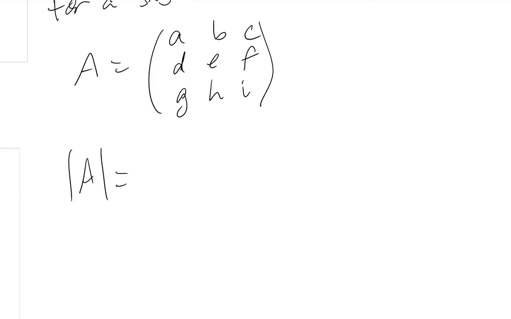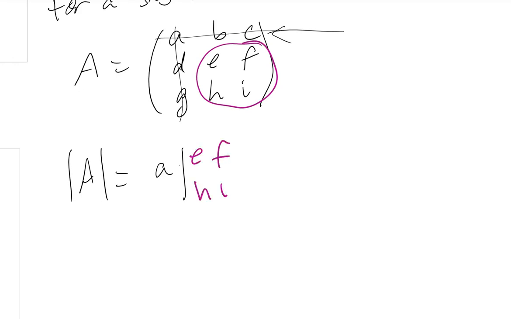So the determinant of A is, I'm going to run along the first row: take a, and multiply it times, I cross out the first row and the first column, and what's left is this e, f, h, i. And I'm going to take the determinant of that.